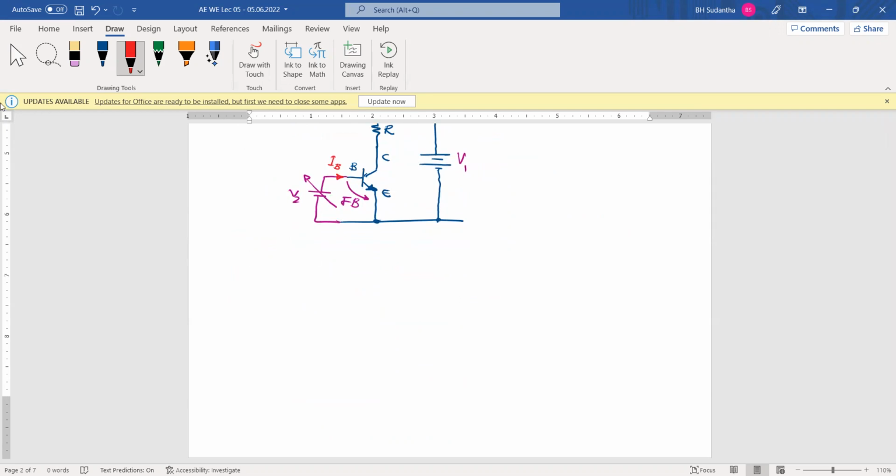Again, I'll draw it in detail. Now what we have done here: we have this transistor, and in this circuit we have applied a certain voltage to this one. After that, we applied another voltage to this one.